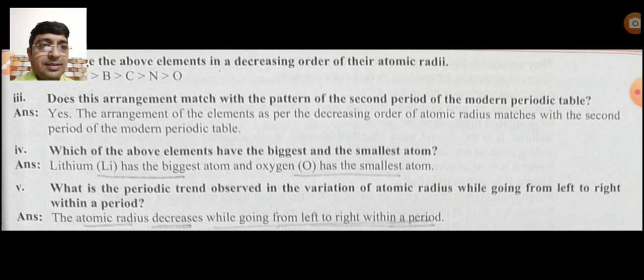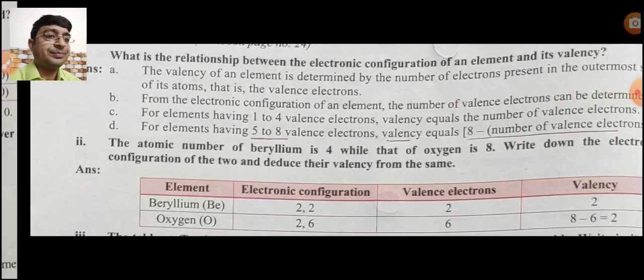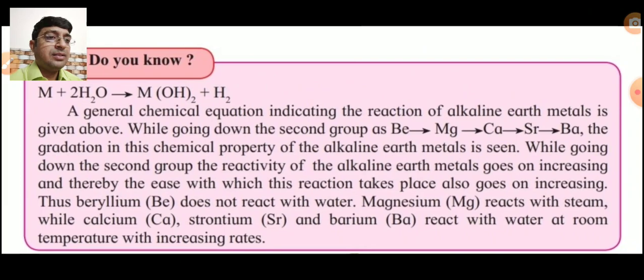Third answer, yes, that is a match with the second period. Next, lithium is the biggest atom and oxygen is the smallest atom. And the last answer: the atomic radius decreases while going from left to right within a period, that we all observed with the help of that example. See the next point.